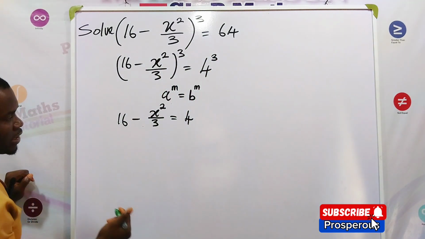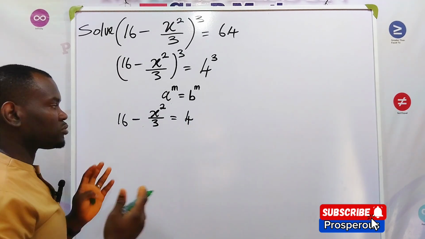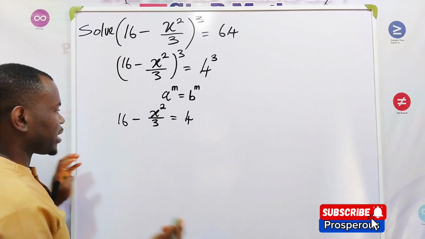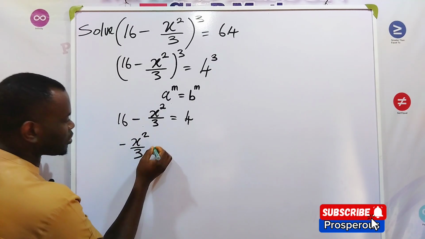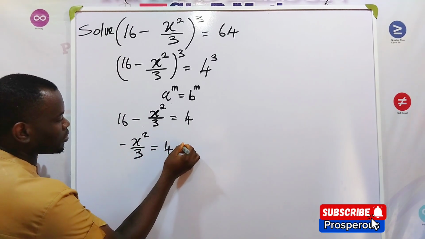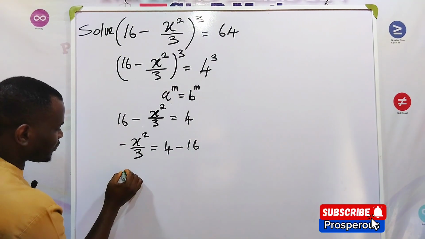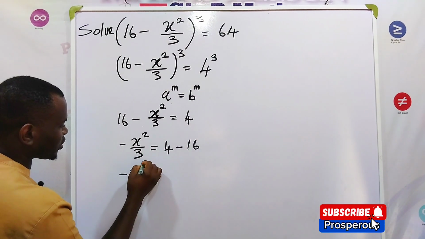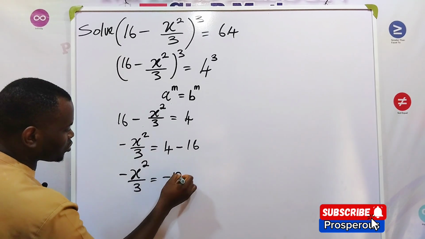Next, let us collect the like terms. I'll take 16 to the right-hand side, or we say subtract 16 from both sides. So I'll be having minus x squared over 3 equals 4 minus 16, which gives minus x squared over 3 equals minus 12.